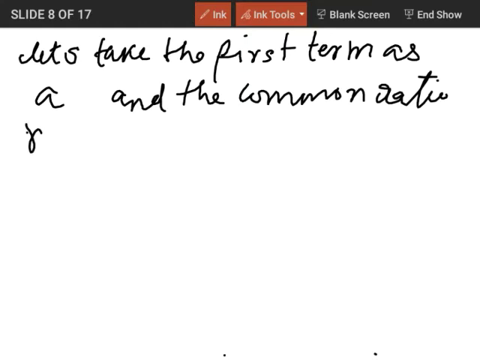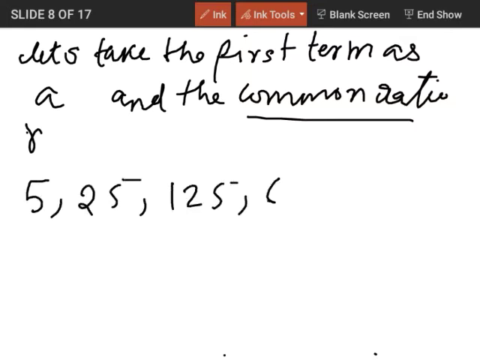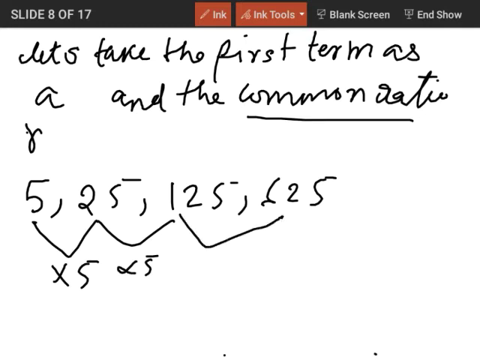I hope that now you understand what is common ratio. In arithmetic progression, we have to add the common difference, and in this case we have to multiply by a constant number. So in the example 5, 25, 125 and 625, see, if we multiply by 5, we are getting all the numbers, right?